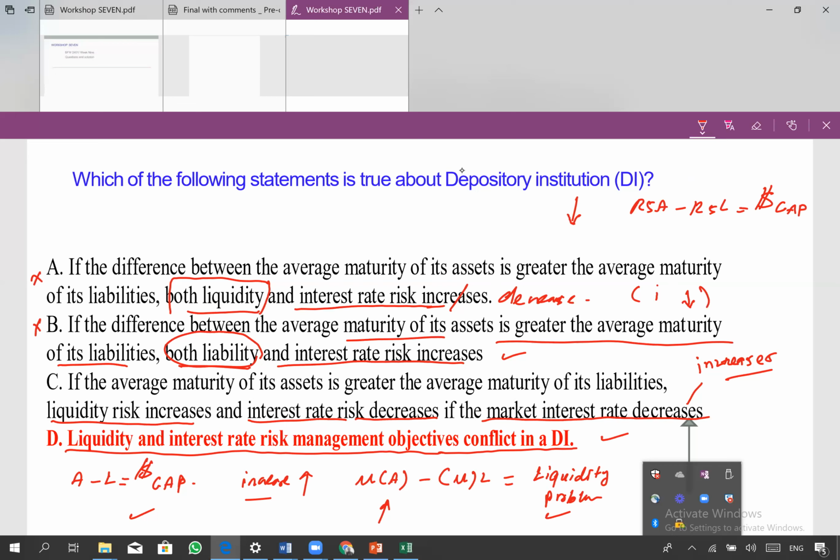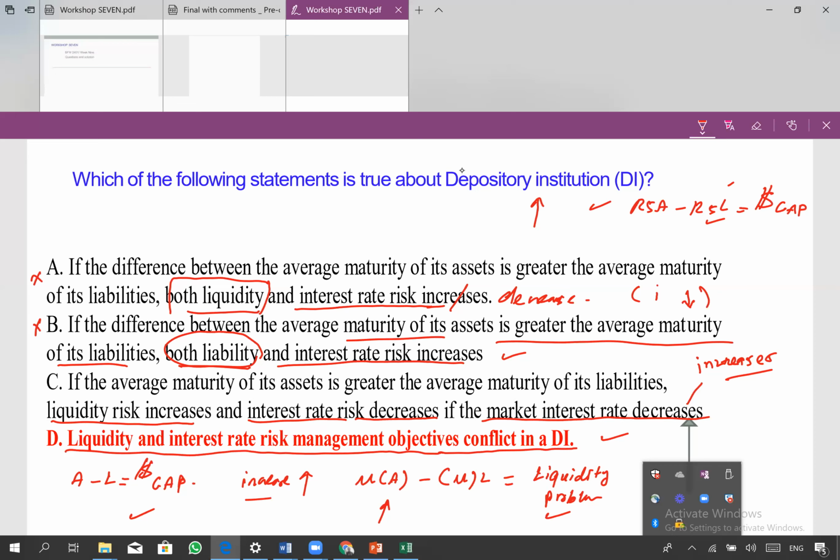And there is no risk if the interest rate is increasing. And therefore, you are managing the liabilities. And usually if the interest rate is increasing, you want this to be higher and you want this to be lower.